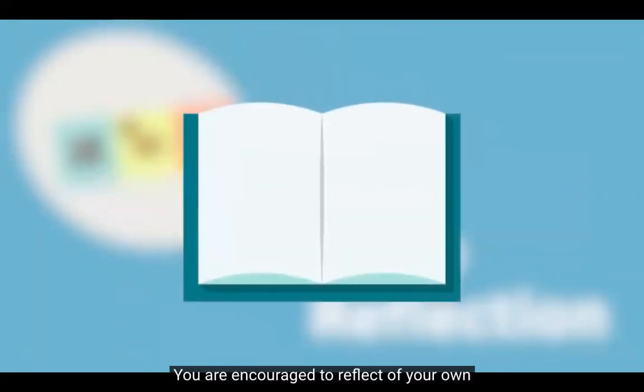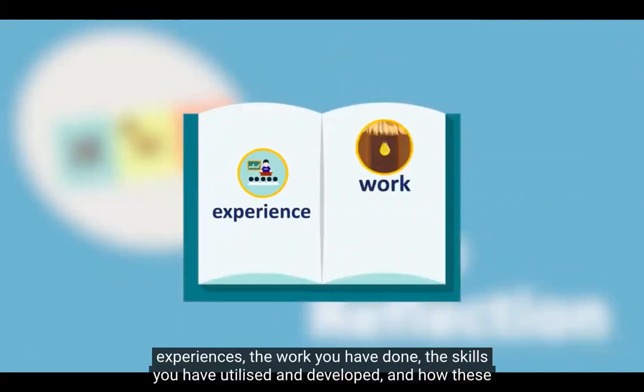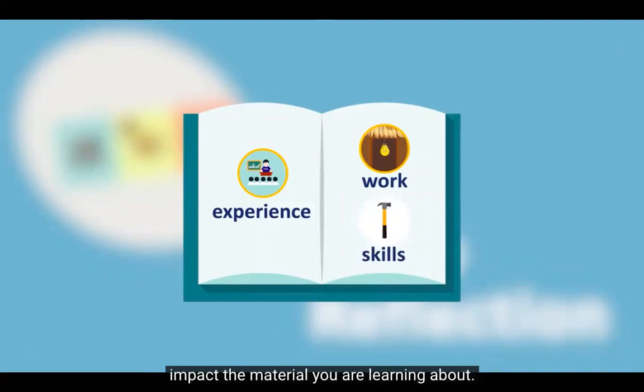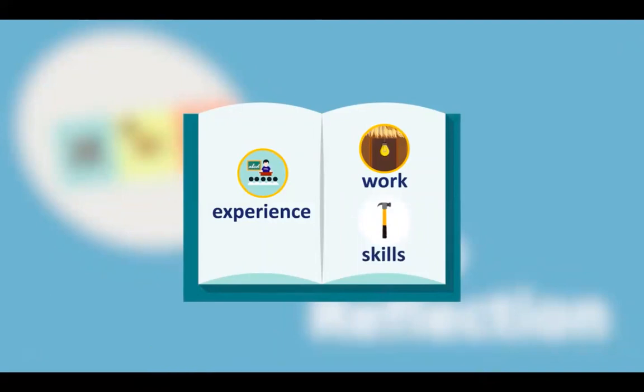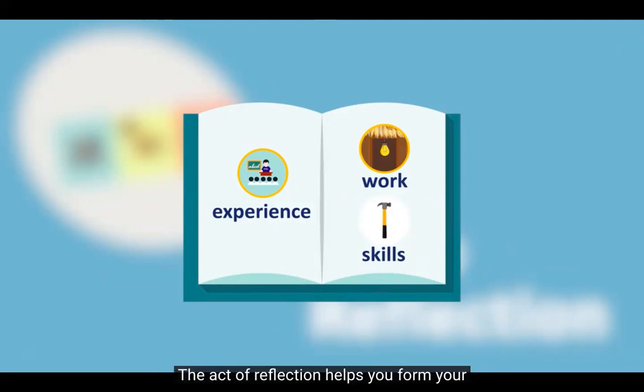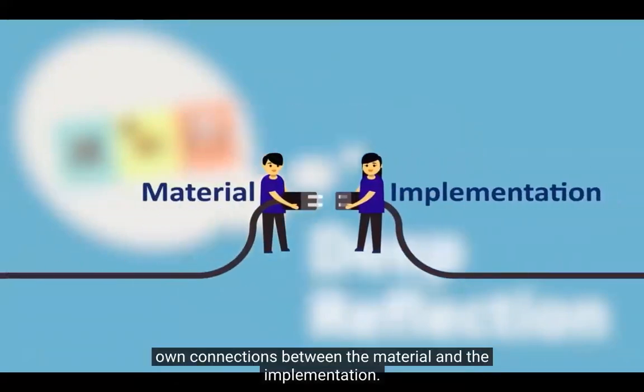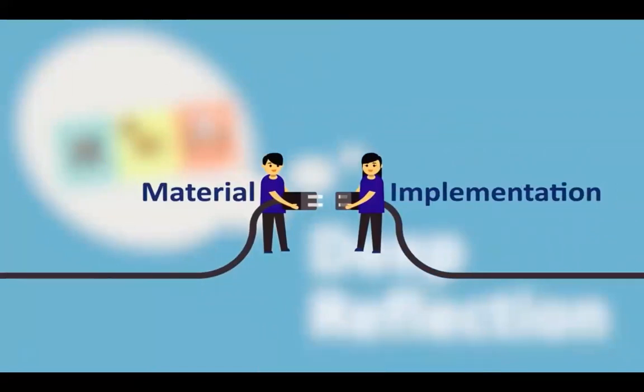You are encouraged to reflect on your own experiences, the work you have done, the skills you have utilized and developed, and how these impact the material you are learning about. This act of reflection helps you to form your own connections between the material and the implementation.